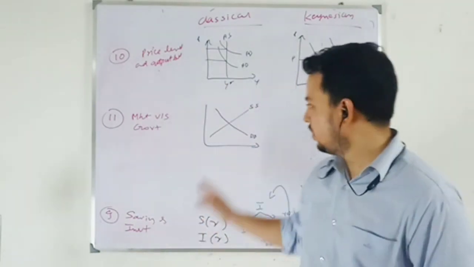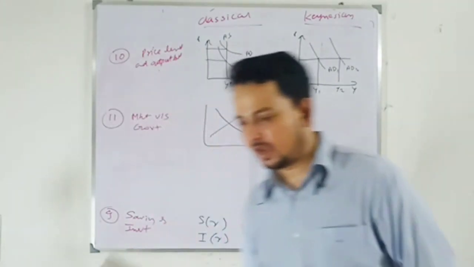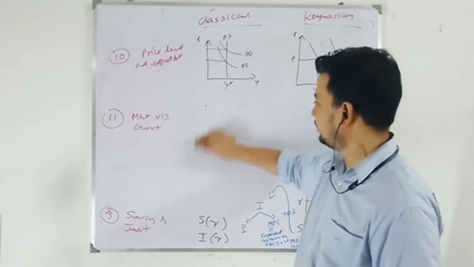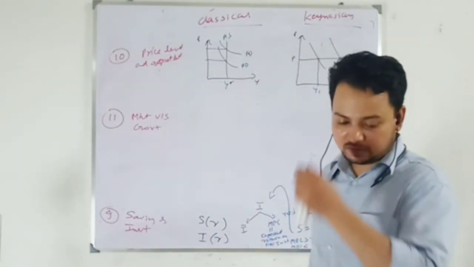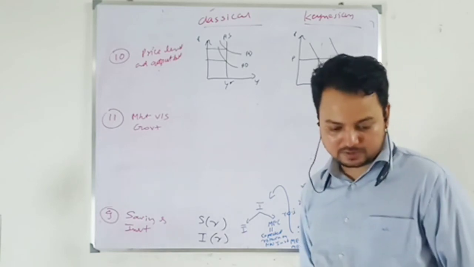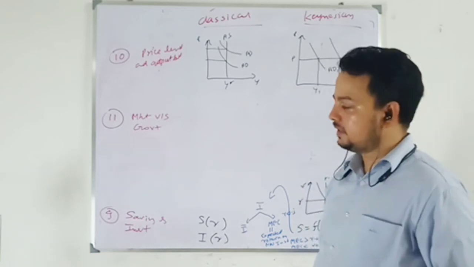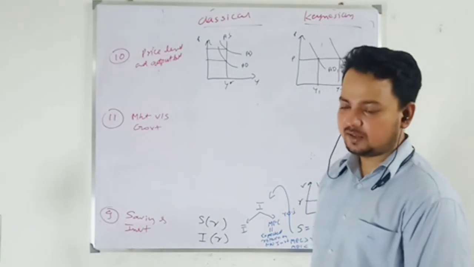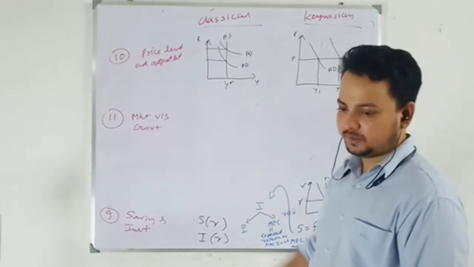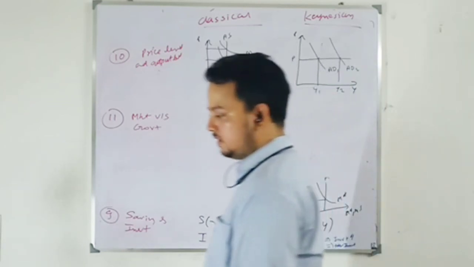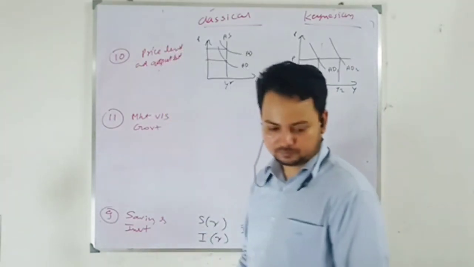You don't need to draw this graph, I just explain it because we have used this graph a lot. So classical economics relies on a laissez-faire policy, that is, the market is perfect and it allocates resources efficiently. So there is no role of government.